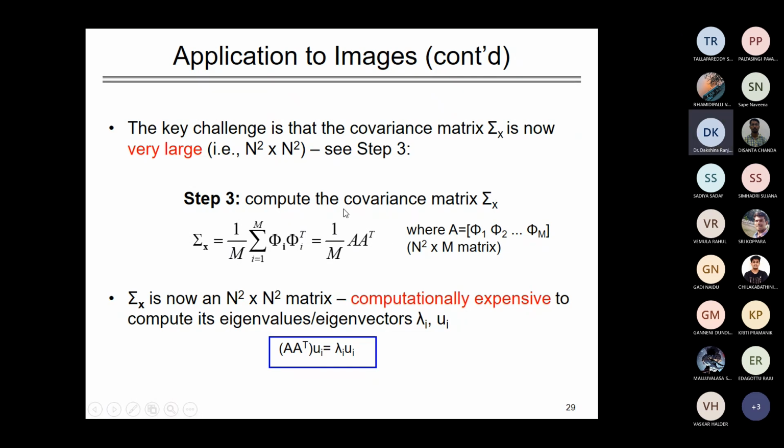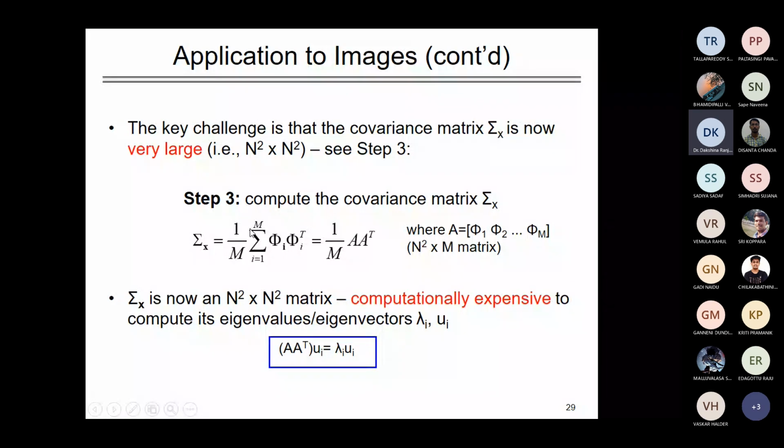In the covariance matrix we get these features encoded. The phi i and transpose of phi i represent a matrix of n square by m. This phi i is nothing but the deviation between the centroid and each feature point.